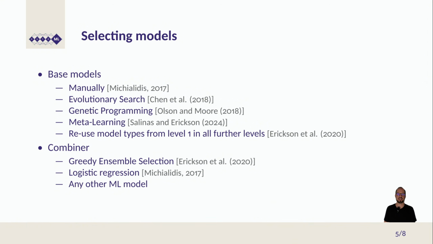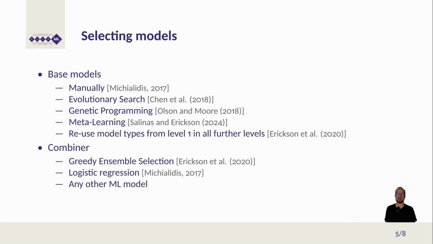How should we select the models? So for base models, we could actually select them manually. We could also use evolutionary search, although this becomes a very expensive problem as we have to select all models at the same time. Because if we change a model in layer 0, it affects all models in layer 1. Then we could also use genetic search, genetic programming.